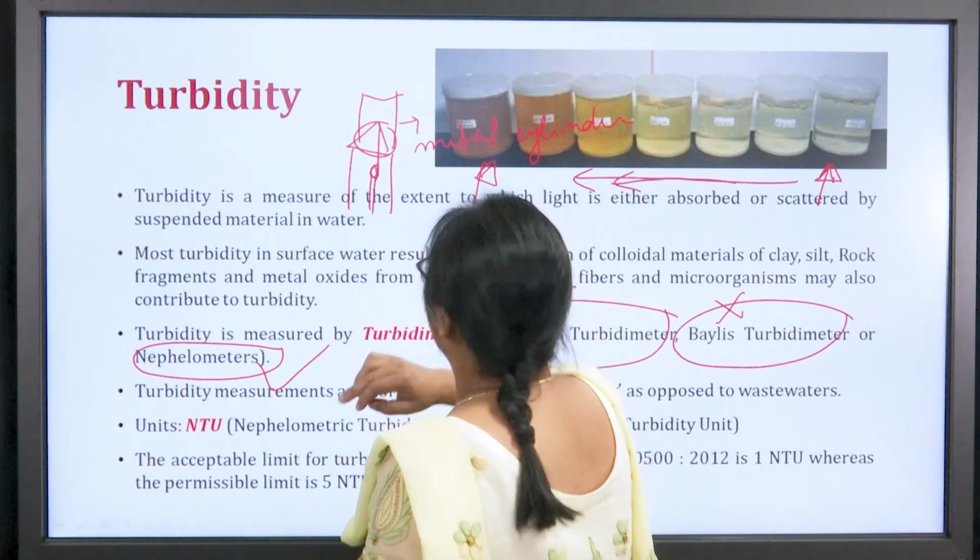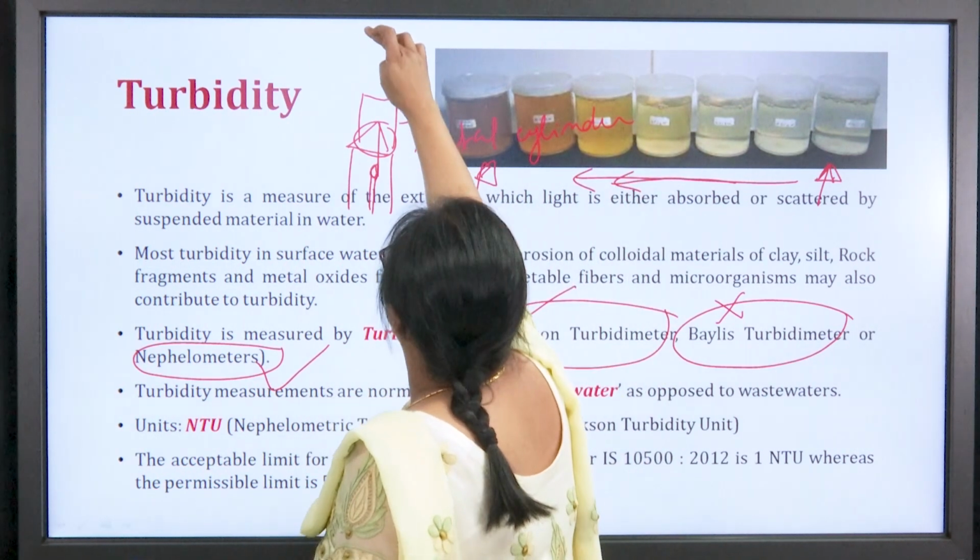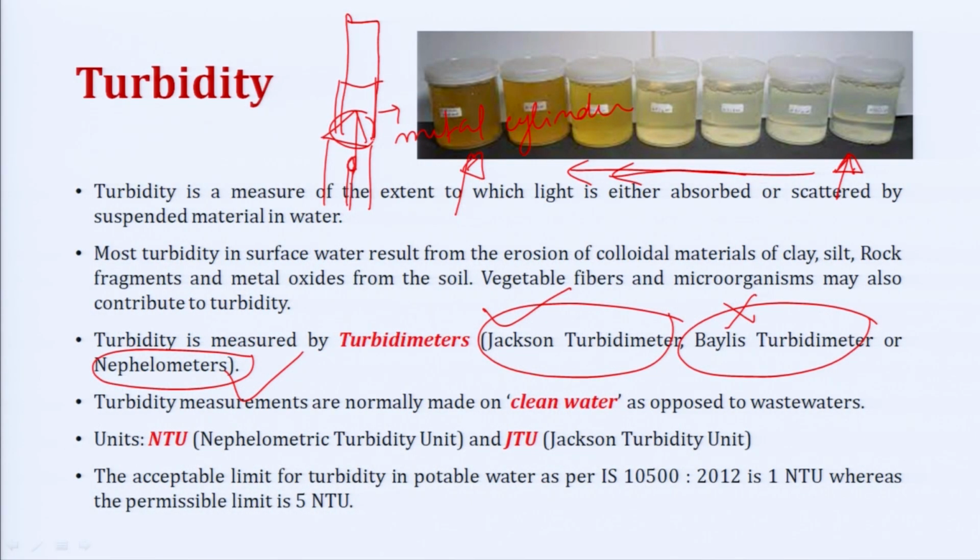This metal cylinder is actually nothing but a holder for a glass measuring cylinder, which is graduated, it will have markings like this.